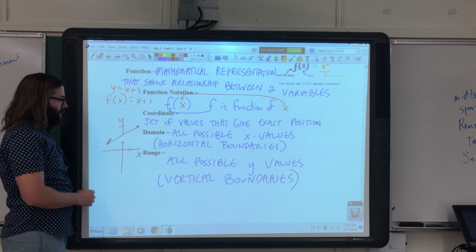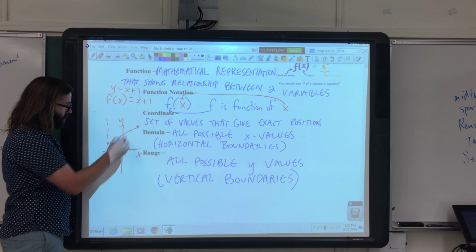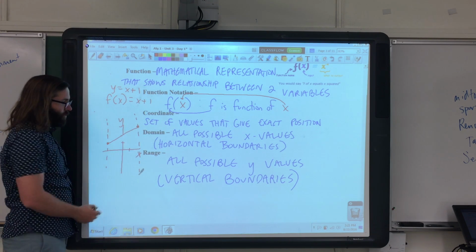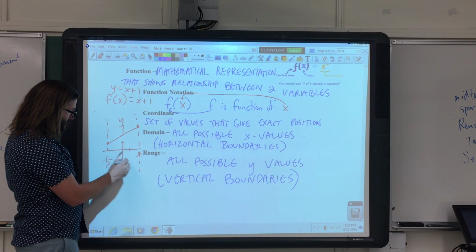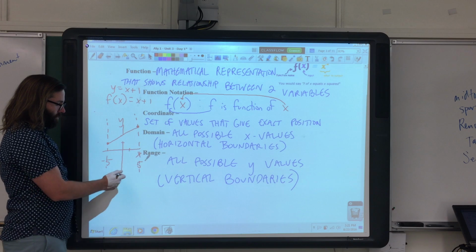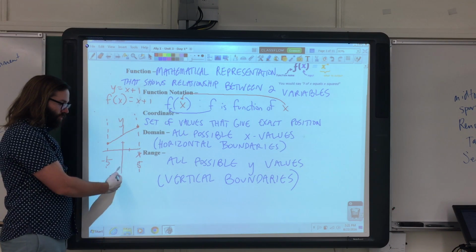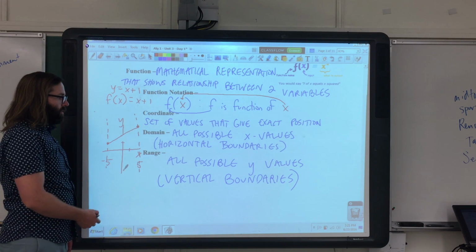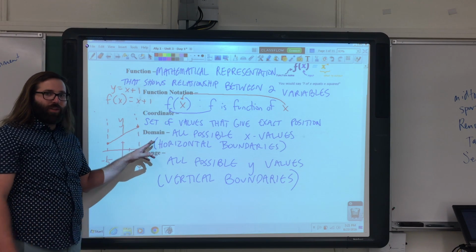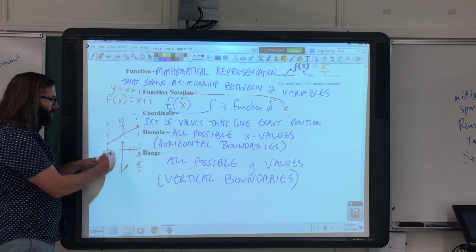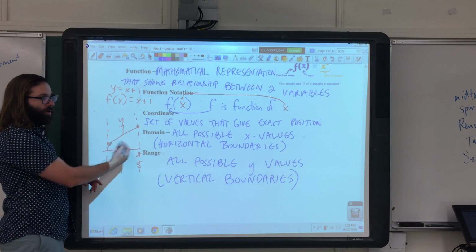Okay? Your boundaries, okay, there's your horizontal boundary, whatever this distance is. This goes from -5 to 5, okay? Your domain is going to be in there. Okay, so the domain is all possible x values. You'll notice this is a line, so every point in here is a solution.